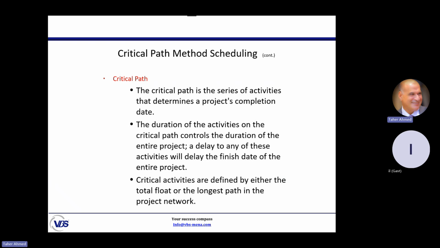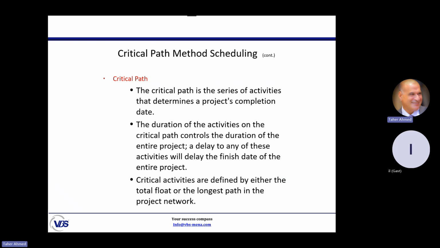The critical path is driven by activity duration, because activity duration will control the duration of the whole project. If an activity is defined as critical, it means that any delay in this activity will delay the whole project.